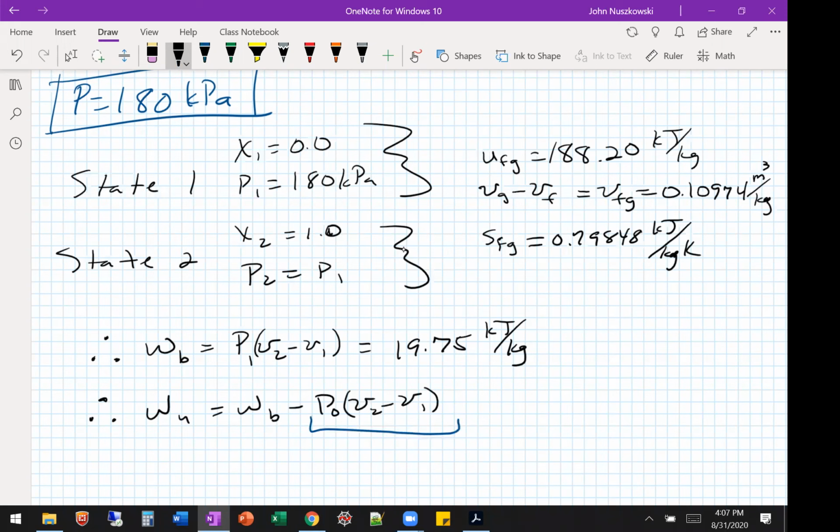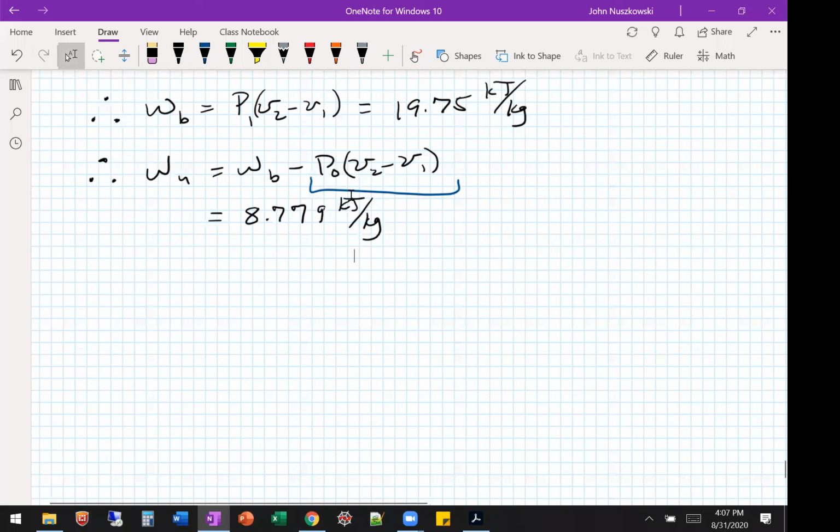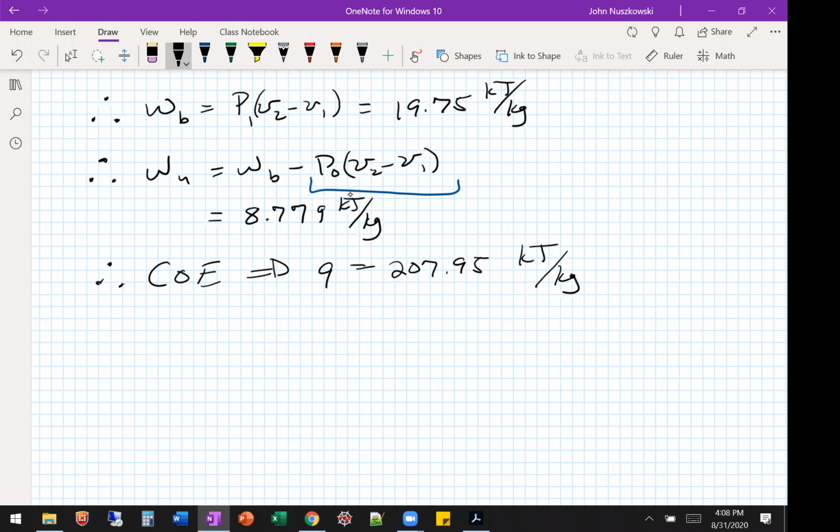We get 8.779 kilojoules per kilogram. And then from our COE, we can get our heat transfer of 207.95 kilojoules per kilogram.